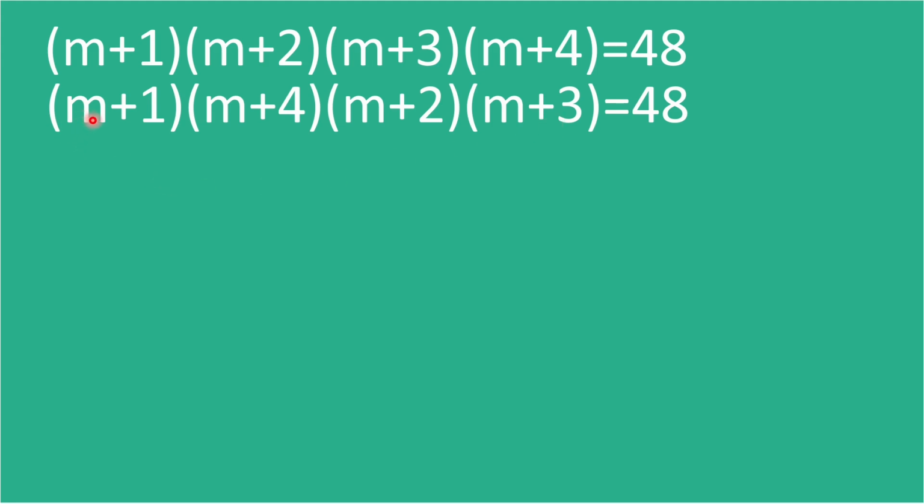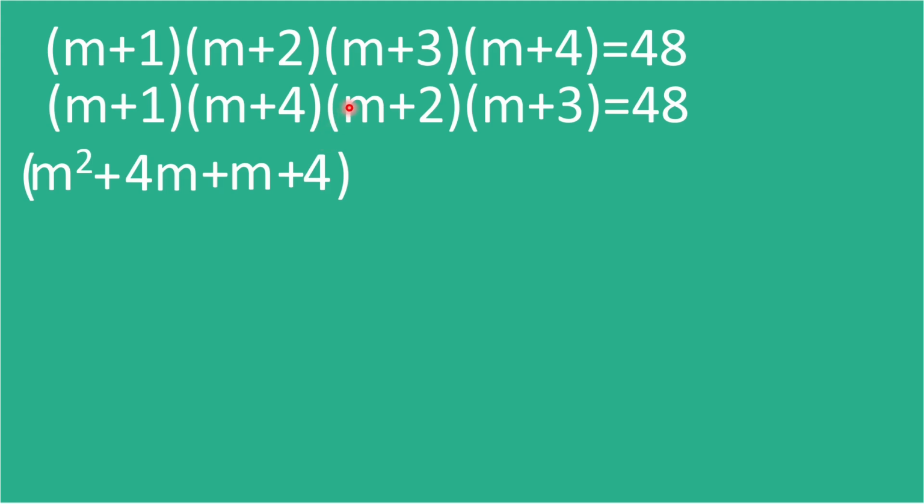So let's multiply. This m with this m will become m squared, and then m with this 4, so 4 times m, and then this 1 with m, so it will become 1 times m, that is m, and finally this 1 with this 4, so it will become 4.